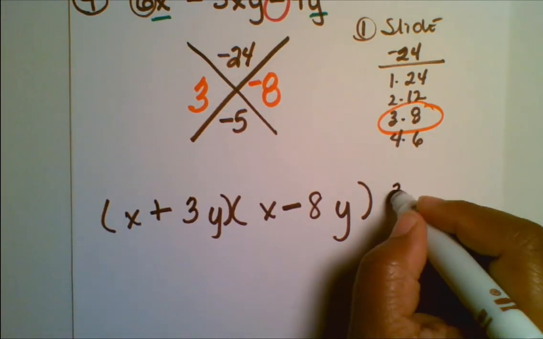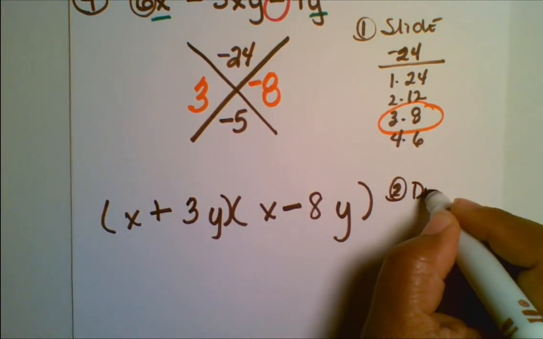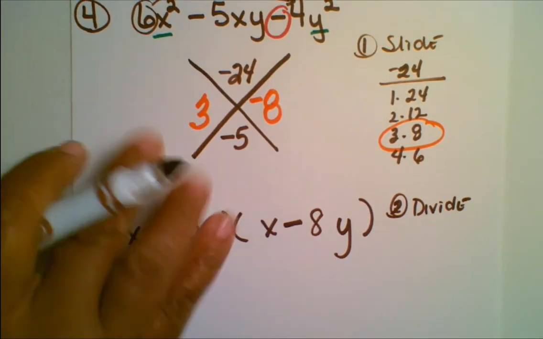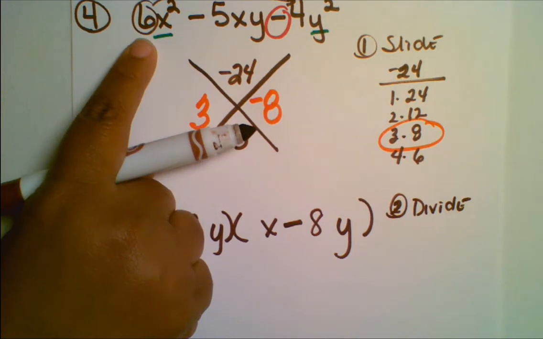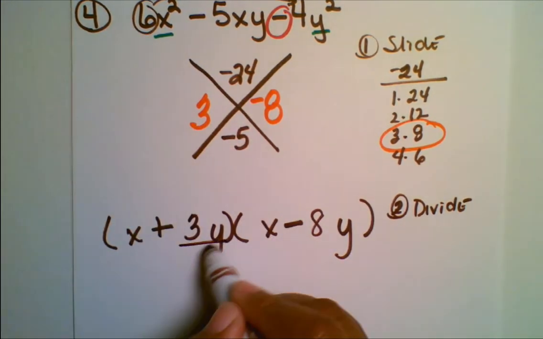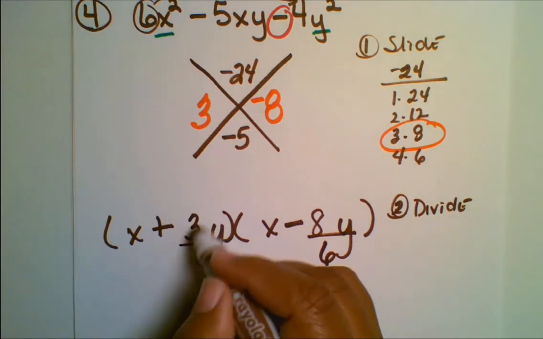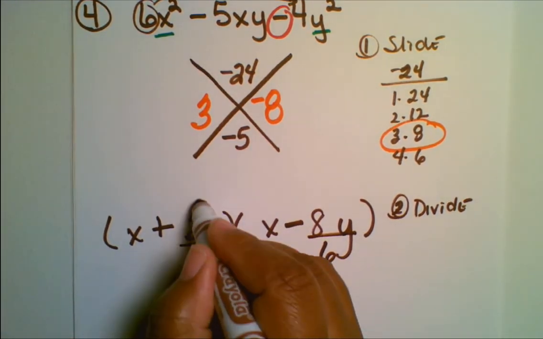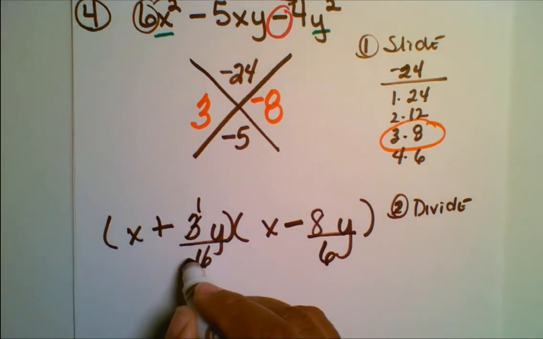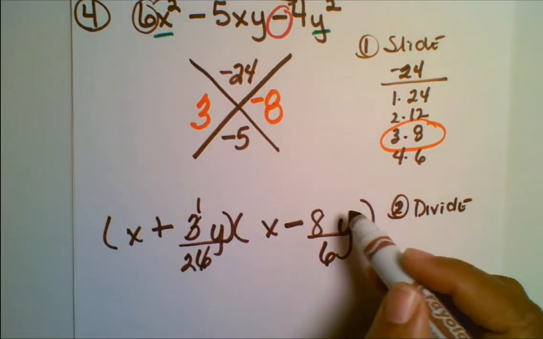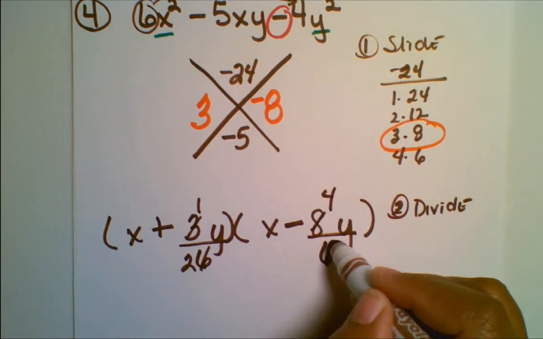So next we're going to divide and reduce. We're going to take the 6, the leading coefficient of the first term, and divide it into the last term and reduce. 8y over 6, we can divide a 2 out of that.